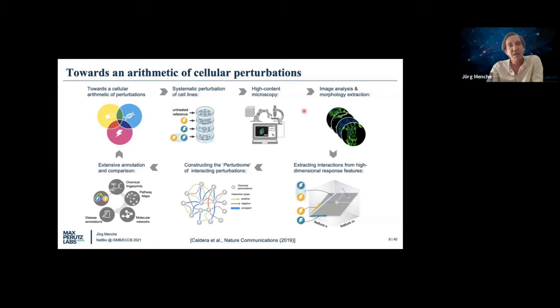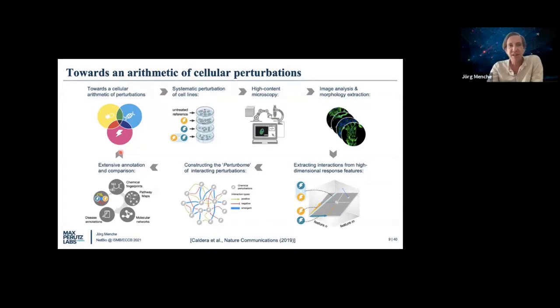And then we use high-dimensional, high-content microscopy to take images of these cells, apply a framework that I'm going to explain in detail, and in the end, by integrating all kinds of available data on these drug-drug interactions that we measure, we hope to close the loop and really learn something on the mechanisms of how different individual perturbations converge to a combined phenotype.